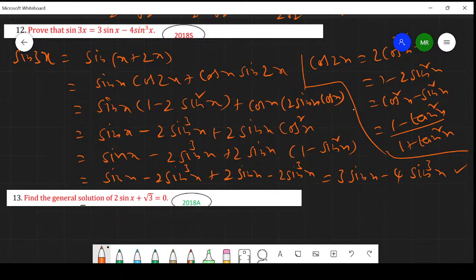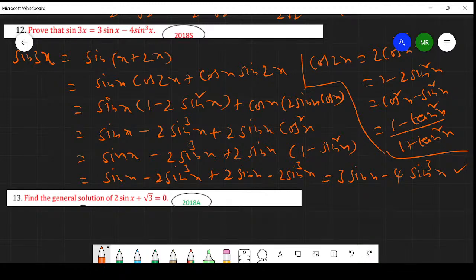To understand, I have given the formulas on the right side; whichever cos 2x is required I use here: cos 2x is 1 minus 2 sin square x, sin 2x is 2 sin x cos x. You expand, replace cos square x with 1 minus sin square x, and it becomes 3 sin x minus 4 sin cube x. You will get the required answer.